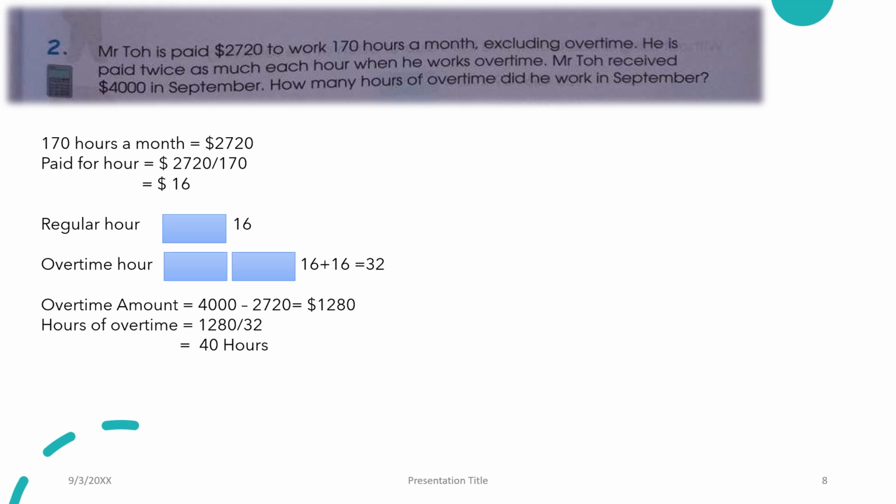And for every hour of overtime, Mr. To is paid $32. So we are going to divide 1280 by 32 to get the number of hours Mr. To worked as overtime in the month of September. And the answer is 40 hours.